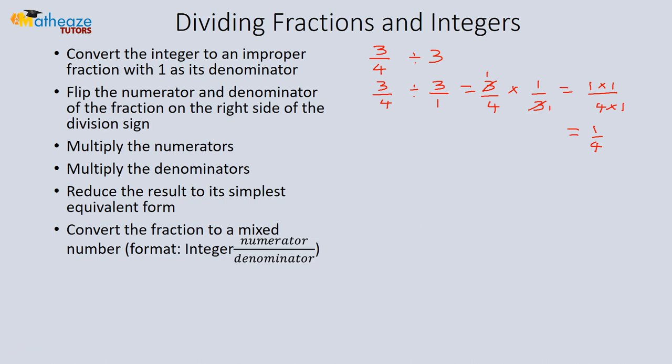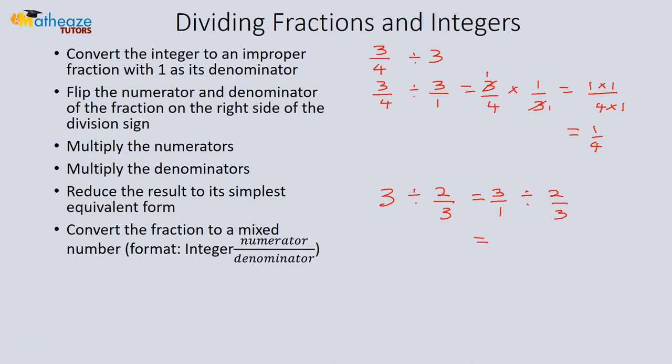Final example, 3 divided by 2 over 3. So we're going to replace 3 as an improper fraction, 3 over 1. Now this is going to be divided by 2 over 3.